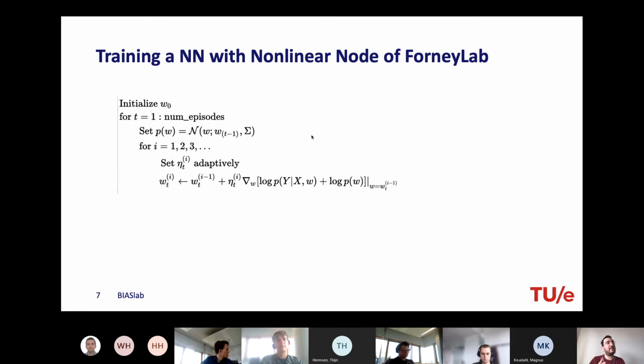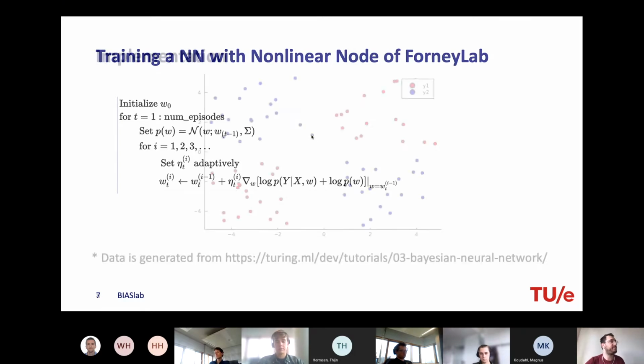By doing this, I'm telling our system: you are free to learn these weights to explain the data, the observations plausibly, but I do not want you to move away a lot from the previous weights. This is what we are going to do with ForneyLab.